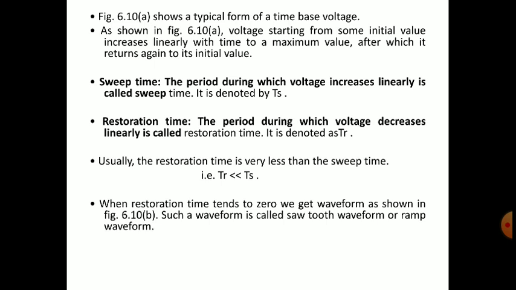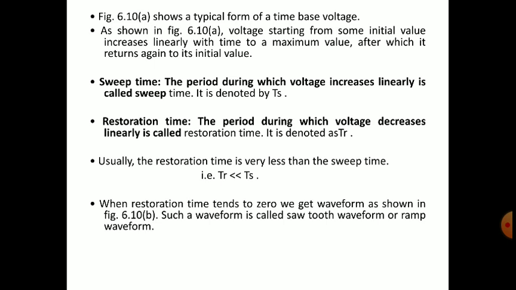As shown in figure 6.10a, the voltage starts from some initial value, that is, we have some initial value A, indicated. The voltage starting from some initial value increases linearly with time to a maximum value, after which it returns again to its initial value.